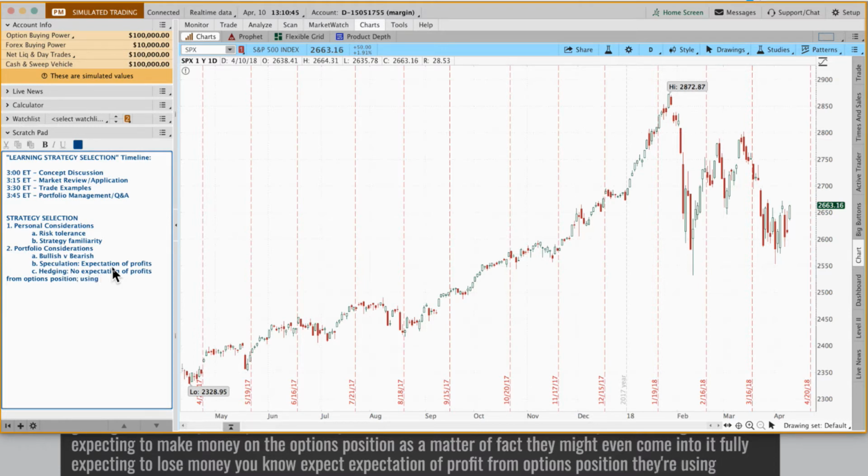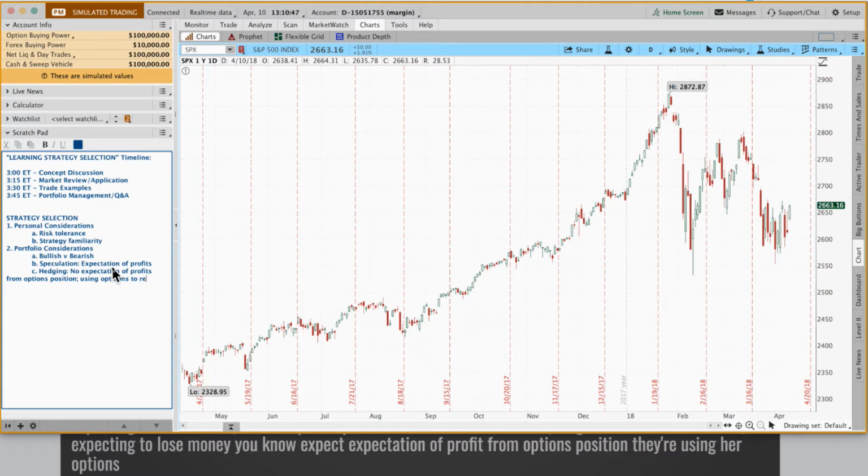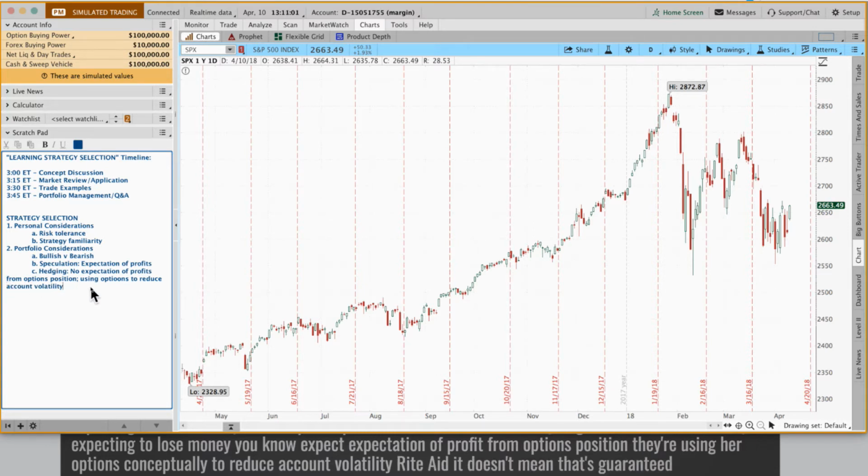They're using their options conceptually to reduce account volatility. Right? That's the goal of the trade. That doesn't mean that's guaranteed what's going to happen.